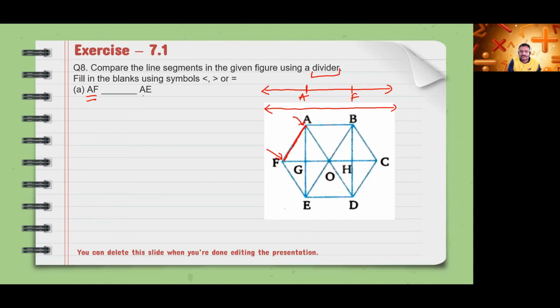Then you will take the rounder and in the figure measure this distance AE, and mark that AE distance on this line. Now from these two lines, we can conclude that AE is greater and AF is smaller. With the help of rounder only, you will do that.